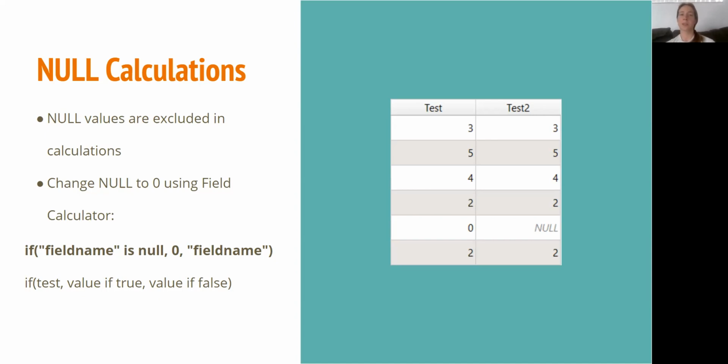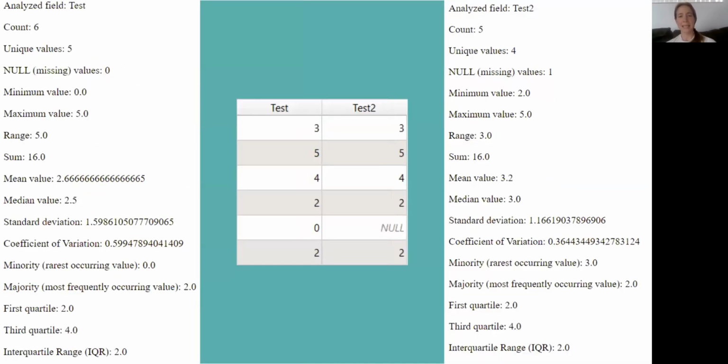It's very similar to the layout of an Excel if statement. So if you're familiar with that, it's pretty much the exact same. But yeah, that is one way to work around that sort of problem. And also just something to be aware of when you're running calculations, that nulls and zeros are indeed not the same thing.